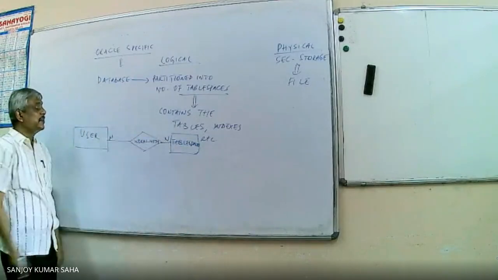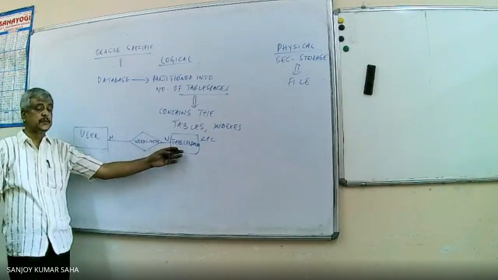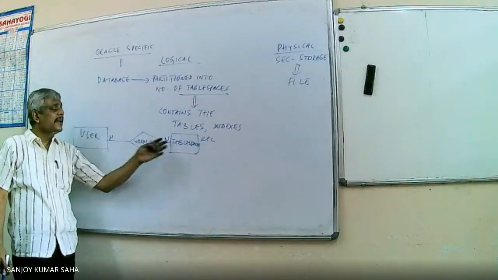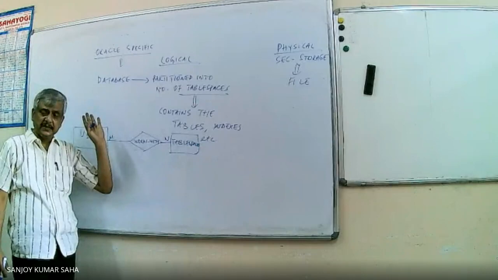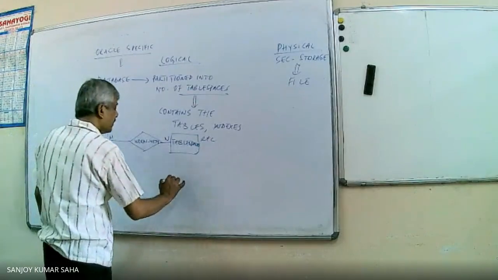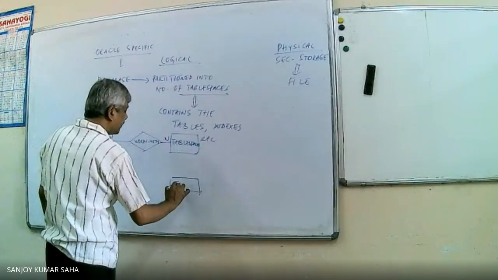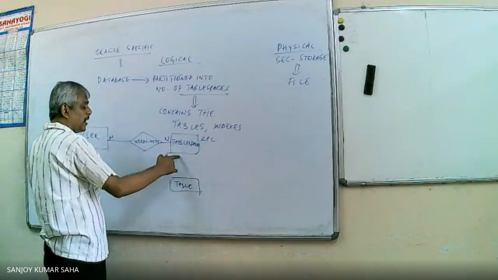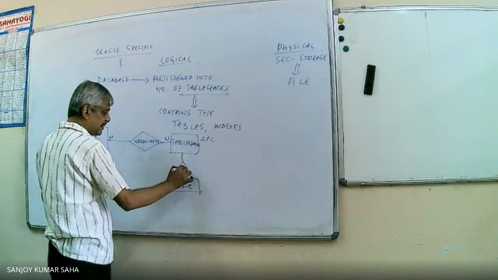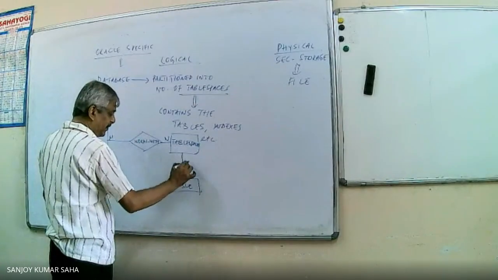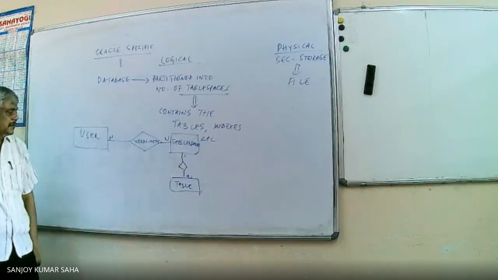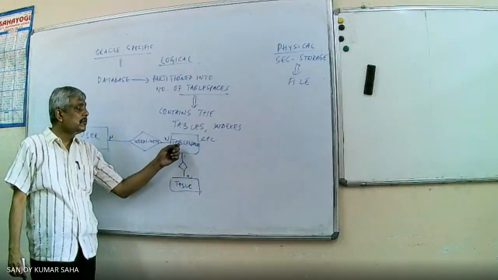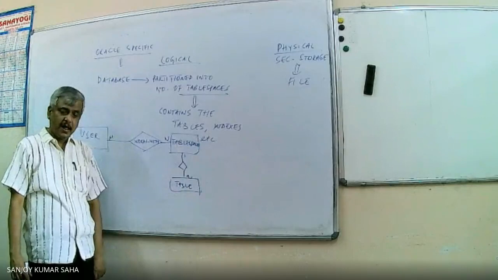So it is a many to many relation between user and table space. I am a user, I can have access to a number of table spaces. A particular table belongs to only one table space, but in a table space I can have a number of tables.